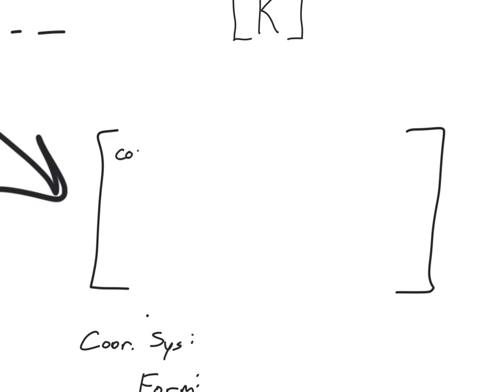We got cosine squared. I'm not going to put the theta there because I want to put it in red so we have the same color code for the angle. So sine cosine, minus cosine squared, minus sine theta cosine. And the next time we're going to have sine cosine, we'll have sine squared, etc., etc.